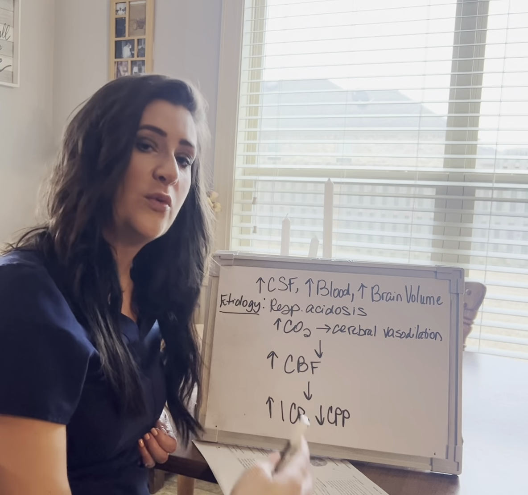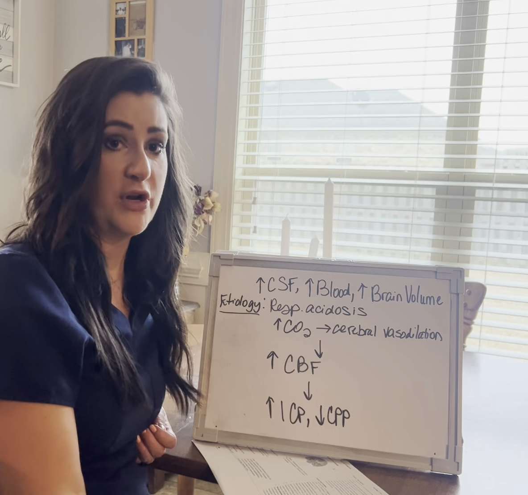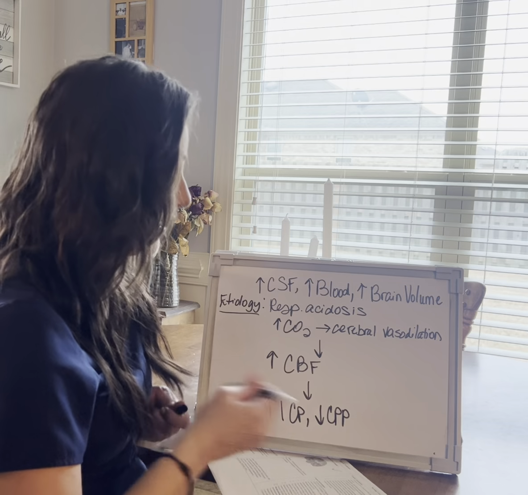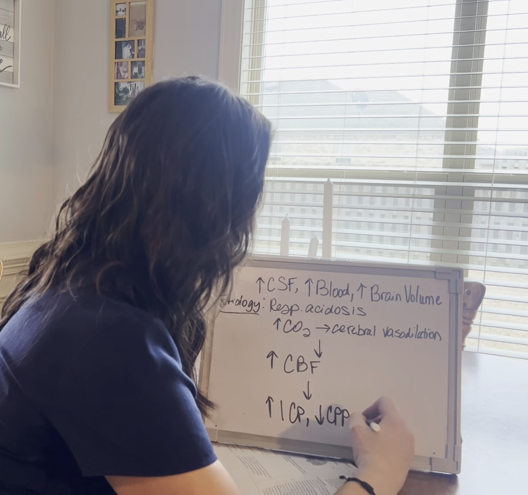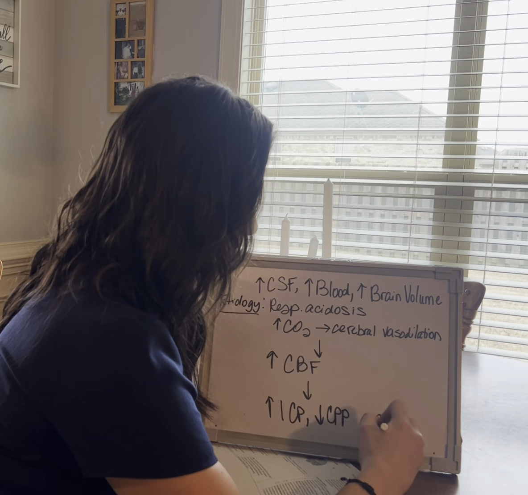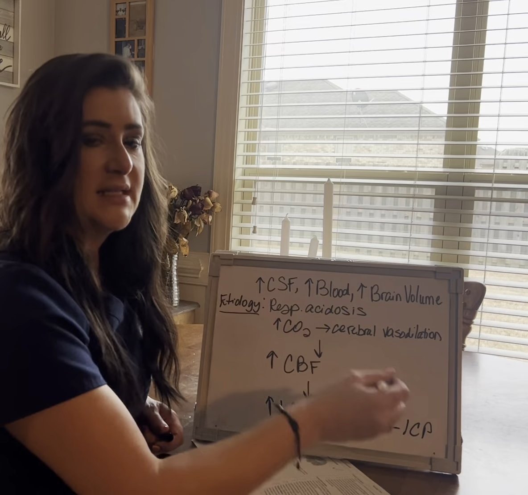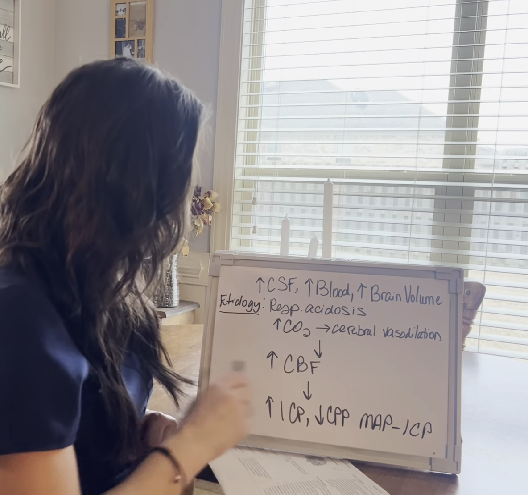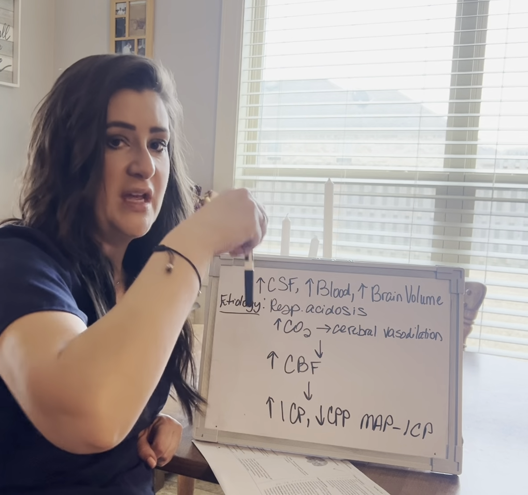We like our cerebral perfusion pressure to be maintained at about 70 millimeters of mercury, all right? So cerebral perfusion pressure can actually be calculated by taking mean arterial pressure minus ICP. That will give you your cerebral perfusion pressure, okay? But just remember, as ICP goes up, CPP goes down.